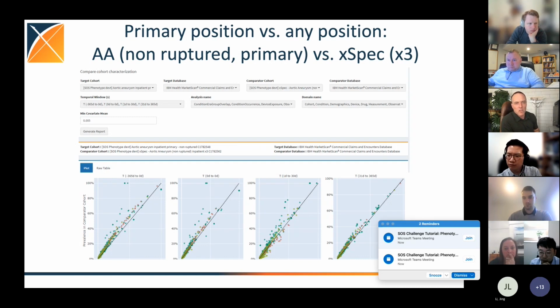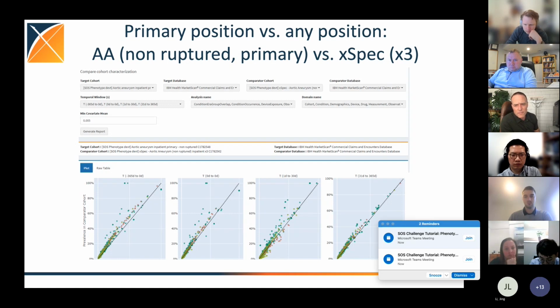And I think that largely relates to the fact that if you are getting an aortic aneurysm code in a primary position in your record, there might be some miscoding of acute aortic syndrome events, where it just is labeled very broadly as an aortic aneurysm, or you might just be getting interventions that are similar to those that you'd get for aortic aneurysm and for dissection and rupture.